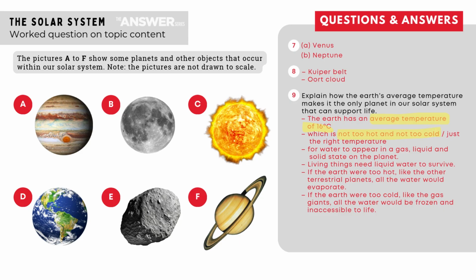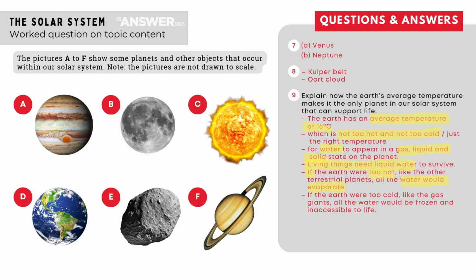It's just the right temperature. But what is it just right for? Water. That is the key to life. That temperature range allows for water to appear in a gas, a liquid and a solid state on our planet. Living things need water to survive. Your body is more than 70% water.